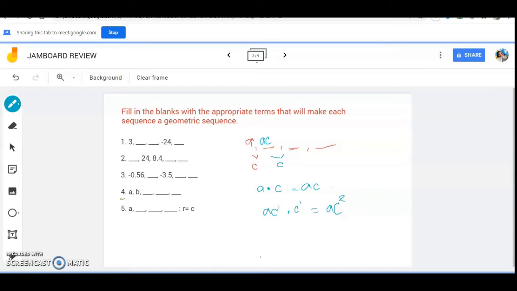So, ang second term natin ay AC square. So, ano yung last term natin? Okay, gawin natin AC square times C. Okay, very good. We have A cube. AC cube. So, ganun lang kapag ka-variable ang ating gine-generate.